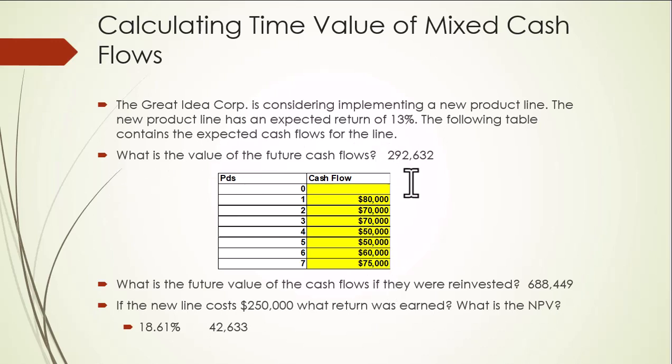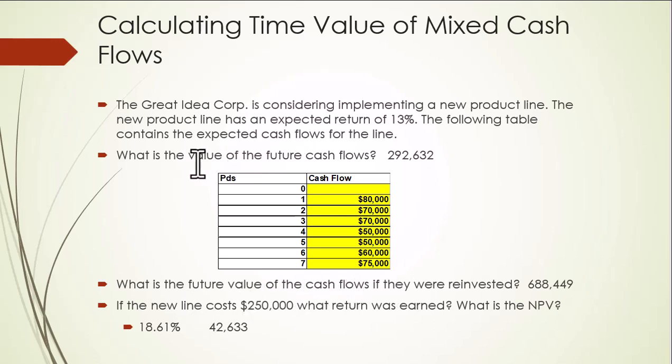What's the future value? If you received $80,000 in year one, and you invested it and left it there for 7 years, in year two you did this, you keep investing these things, it would grow to $292,000 odd dollars.